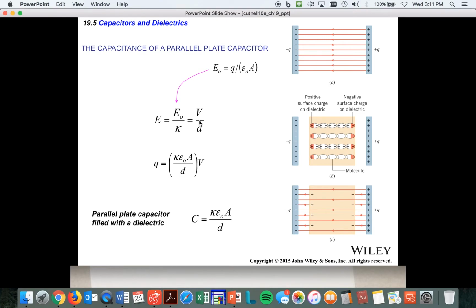So E is equal to E naught over K, which is equal to the voltage over the distance. Okay, so Q is equal to K epsilon naught A over D once we plug this E naught in here.